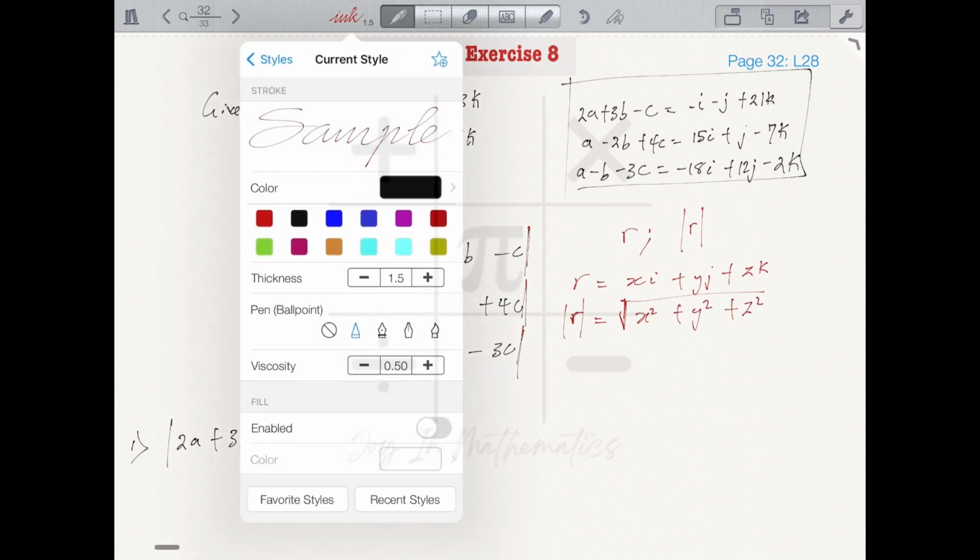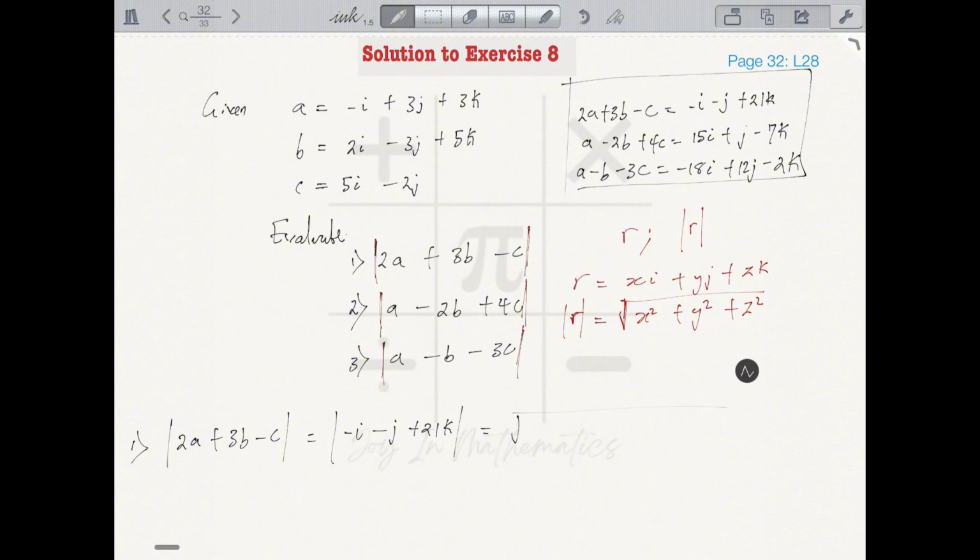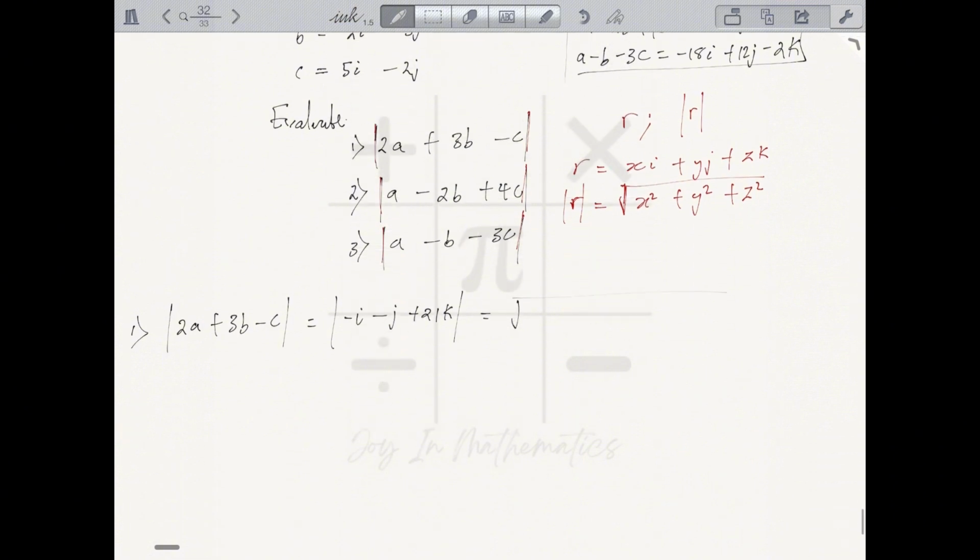So comparing that to the question given, this results into the square root of minus 1 squared, which is the component of minus i, plus another minus 1 squared, which is the component of minus j, and plus 21 squared, which is the component of k.